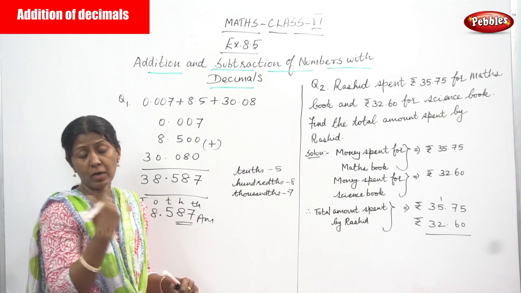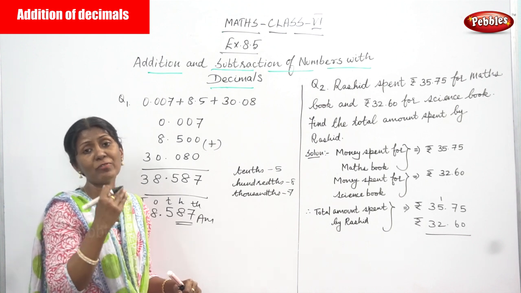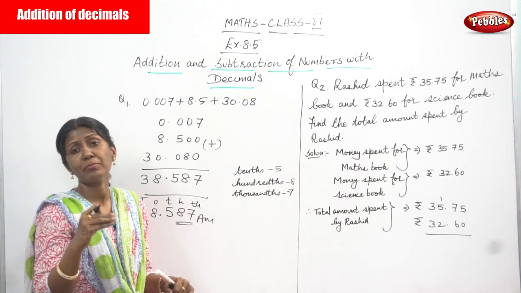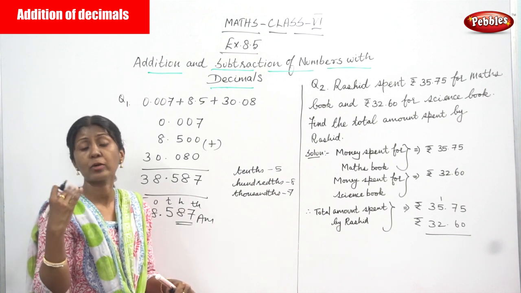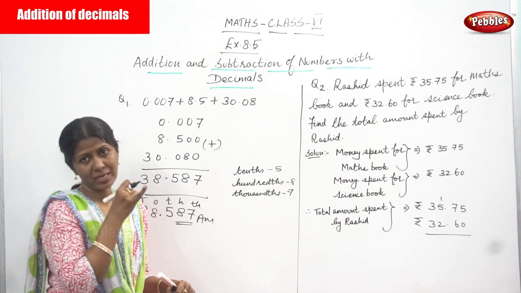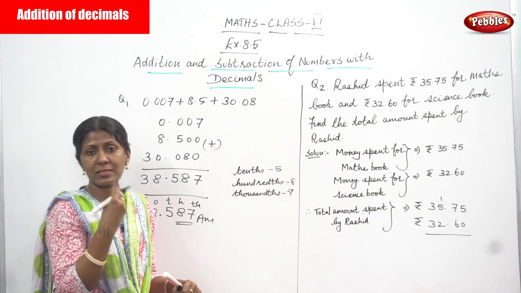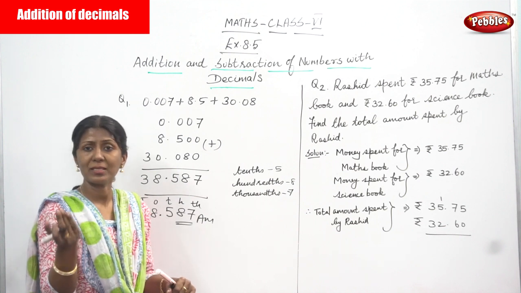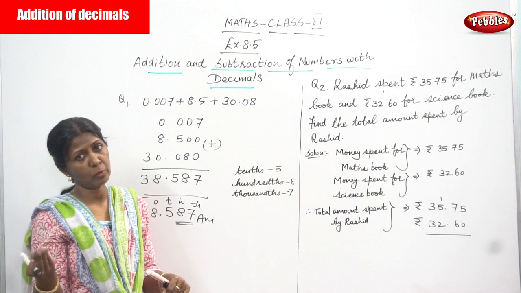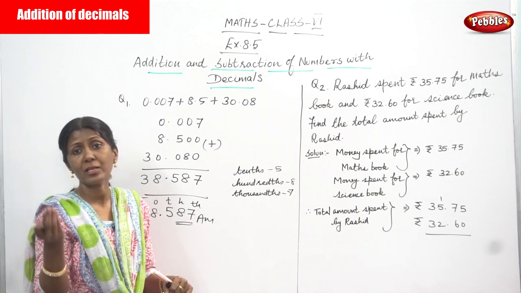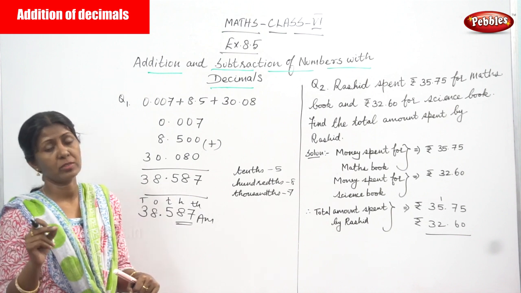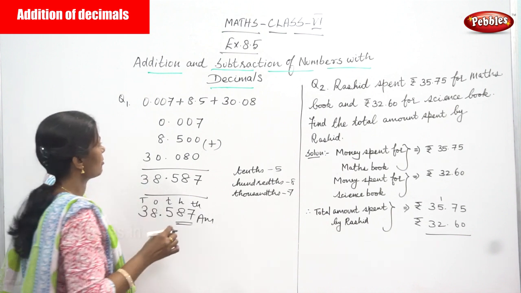After the point we write only the decimal digits. Suppose in some number they are given only tenths, in another number only hundredths, and in some other number they are not given thousandths. If the digit is not there, you have to put 0 in that particular place. That is very important. So you must write the place value.